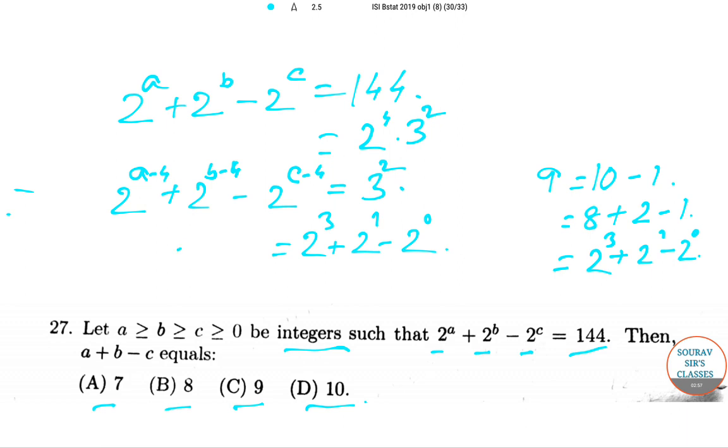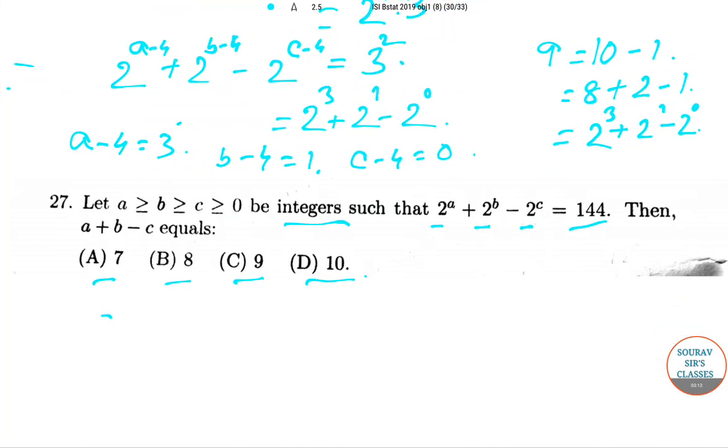Now comparing both sides, we get A minus 4 equal to 3, B minus 4 equal to 1, C minus 4 equal to 0. So we get A equal to 7, B equal to 5, C equal to 4.